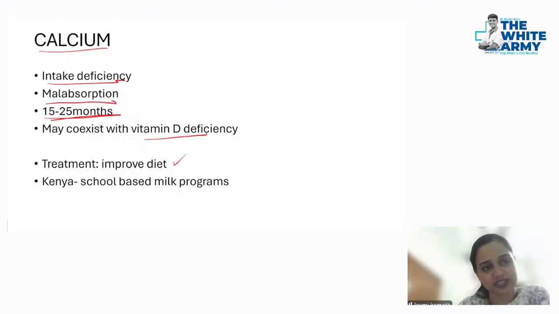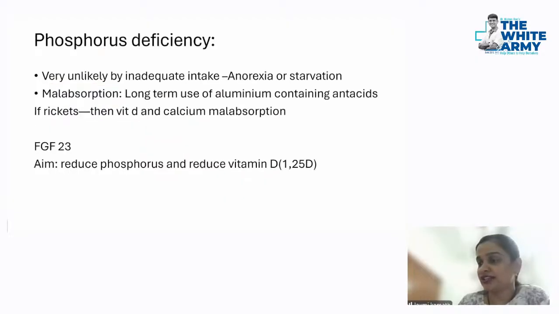If you see an OPD child where the diet history suggests calcium deficiency, you just improve the diet. This has been almost proven in Kenya also, where school-based milk programs gave milk to all the kids and found that calcium deficiency was improving. Okay, so this is calcium deficiency.